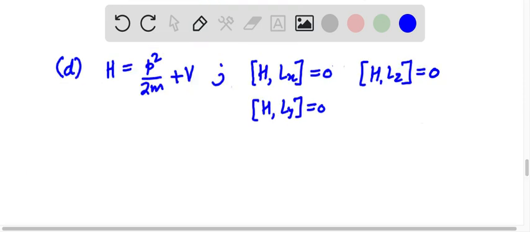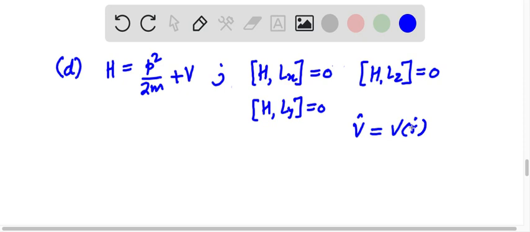Now we have to show that this Hamiltonian commutes with all three components of the angular momentum, that is [H, Lx], [H, Ly], [H, Lz], and here V is dependent on the position operator r.